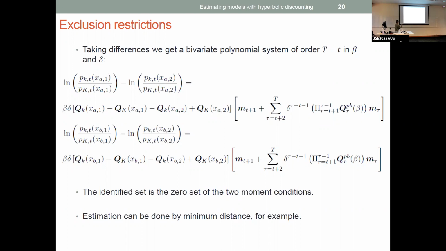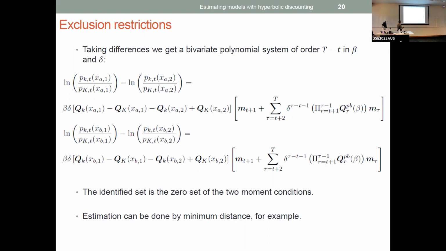On the right-hand side, note that there are no longer any U's because the U's have been canceled out perfectly due to the exclusion restriction. We only have beta delta times these differences in the state transitions plus this geometric term involving delta and beta. Do this for another pair of states, and we get another condition here.